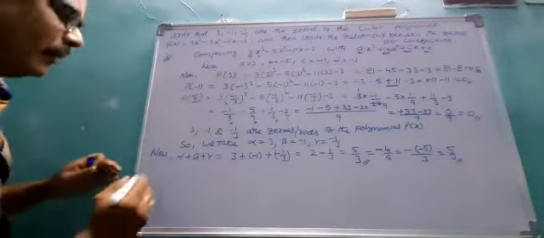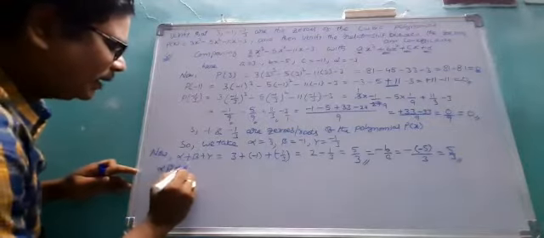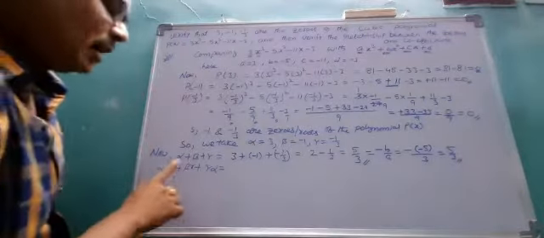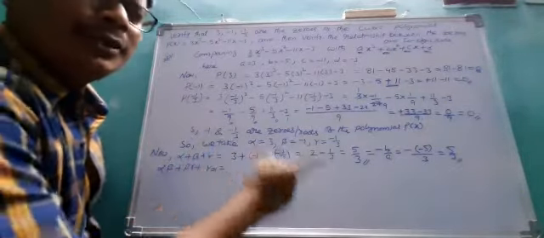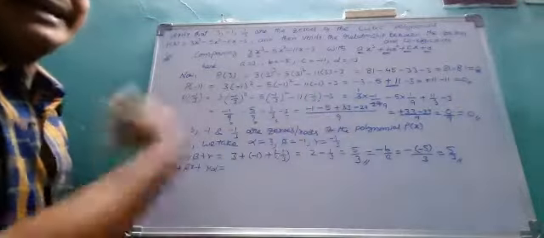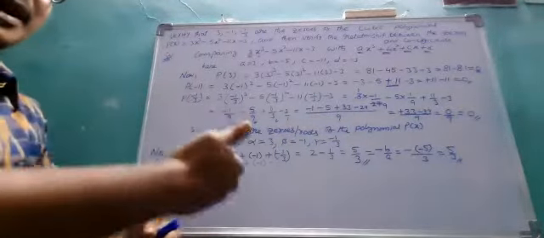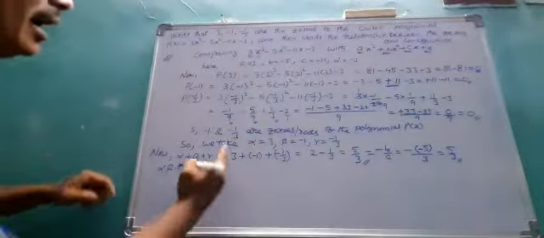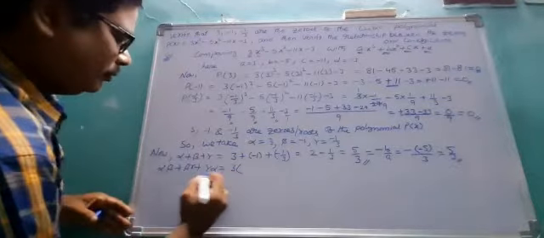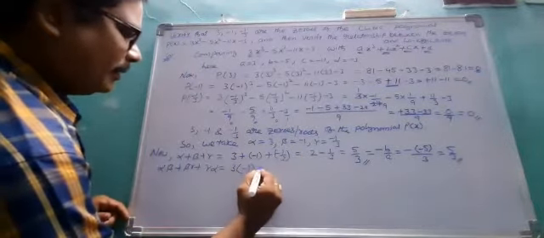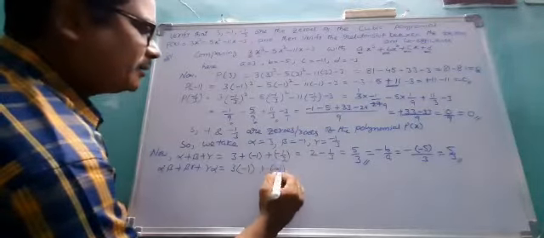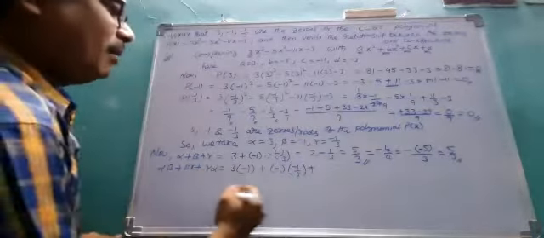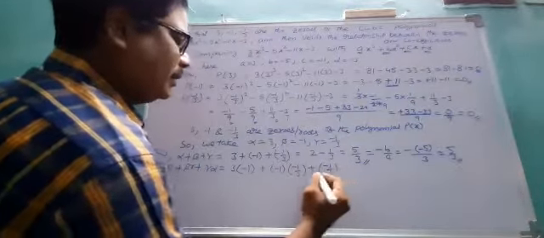Next one, alpha beta plus beta gamma plus gamma alpha. That means the sum of the products of the zeros taken two at a time. Here alpha equal to 3 into beta minus 1, plus beta gamma, that means minus 1 into minus 1 by 3, and gamma alpha, minus 1 by 3 into 3.